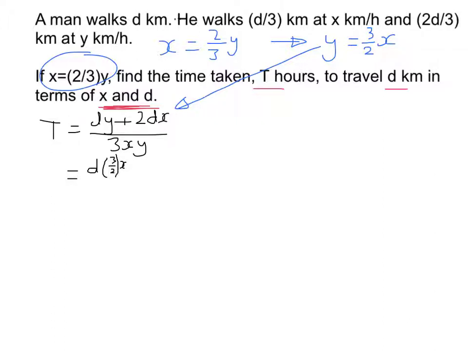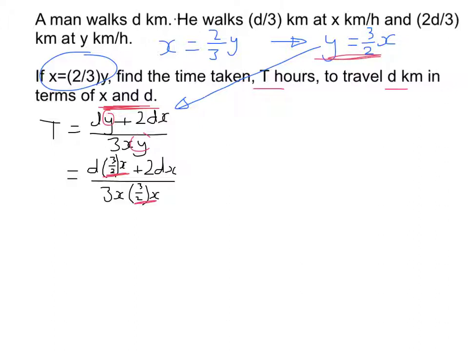I'll just put the 3 over 2 in a bracket there because that's a little fraction that I want to keep as a fraction, plus 2dx, which is straight down from the top there, over 3x, and then we've got another y here, so we need to have this 3 over 2 fraction and the other x. This bit here is the 3 over 2x, and this bit here is the 3 over 2x. They were previously y's in that first equation, which has come from there.